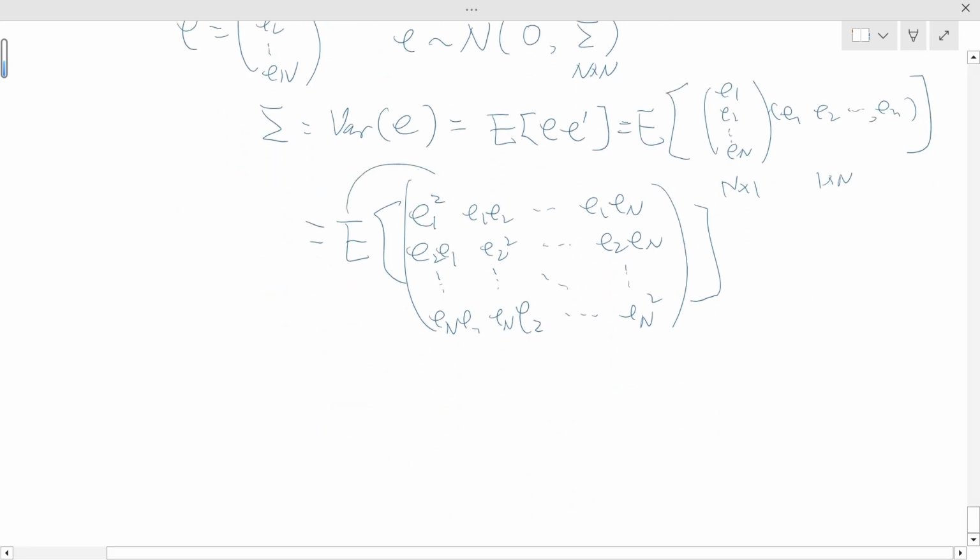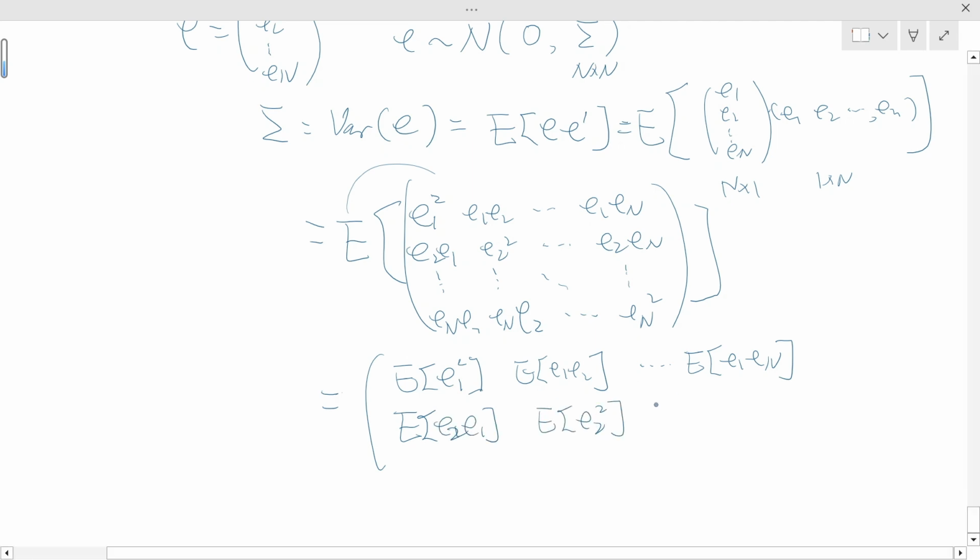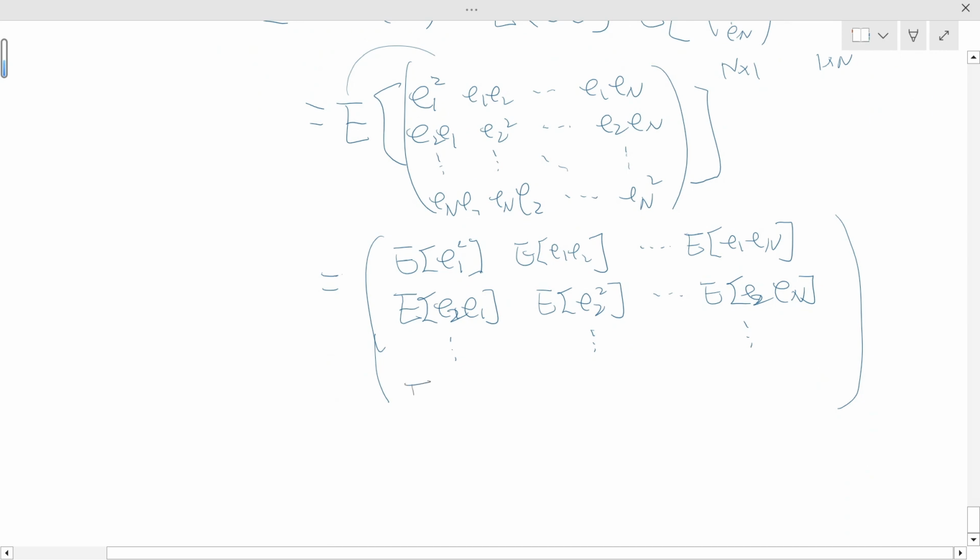Okay, so we can take the expectation inside, since expectation is a linear operator, and take the expectation of each element.